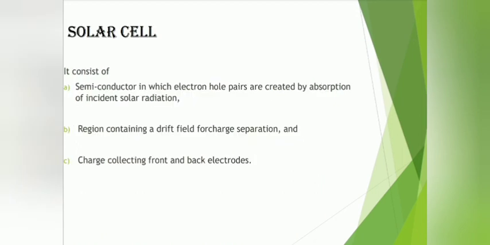Now we will discuss what solar cells are. As we discussed earlier, solar cells are the photovoltaic devices that convert solar energy into electrical energy, so that we can use the electricity. A solar cell consists of semiconductors in which electron-hole pairs are created by absorption of incident solar radiation, the region containing a drift field for charge separation, and charge collecting front and back electrodes.